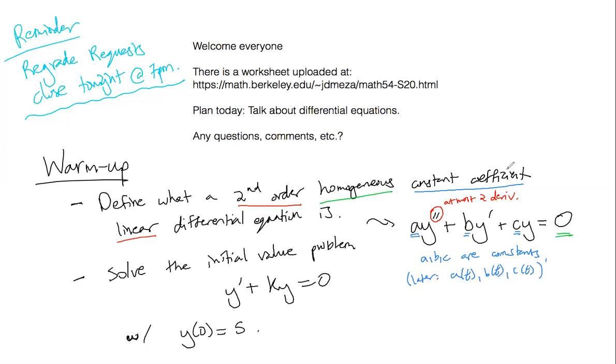That's what constant coefficient means. And linear means that you don't have things like y prime times y, or y times y prime, or y prime squared, for example.